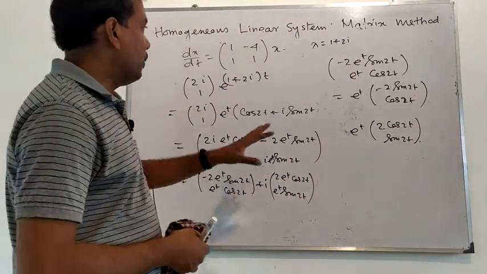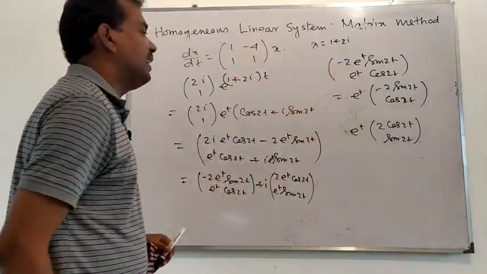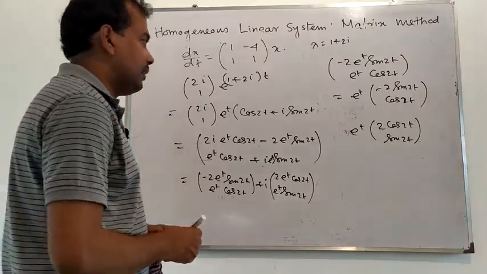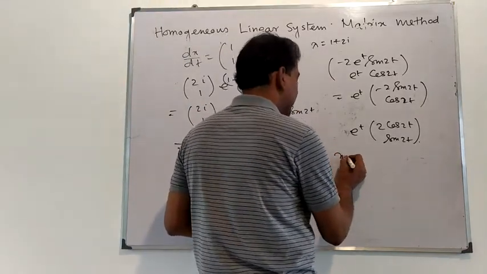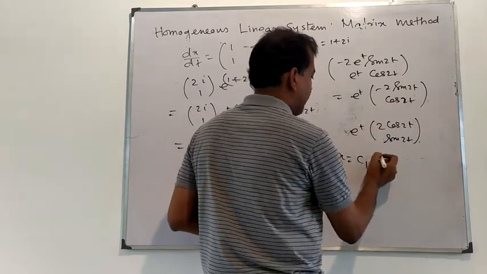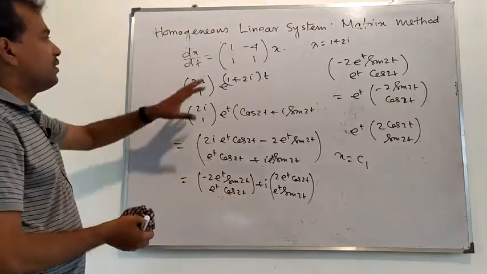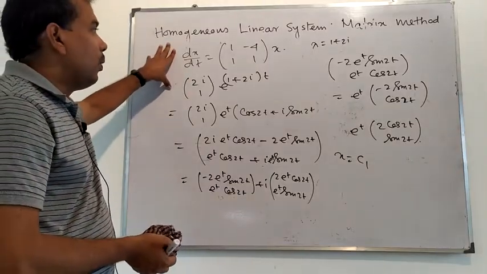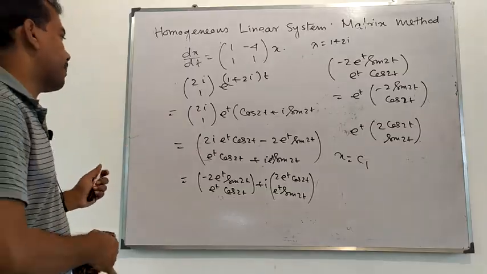That is, we can take these two solutions as linearly independent solutions. Then the general solution will be x equal to C1 into this plus C2 into this. C1 into this plus C2 into this will be the general solution of this system when eigenvalues are complex conjugate.